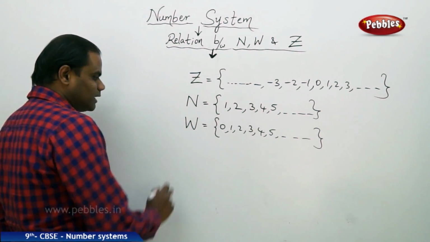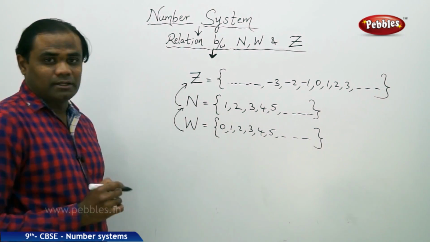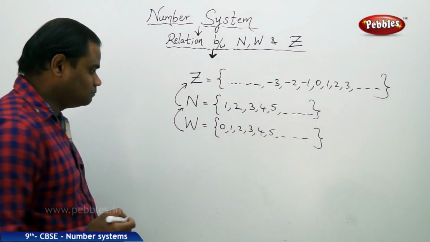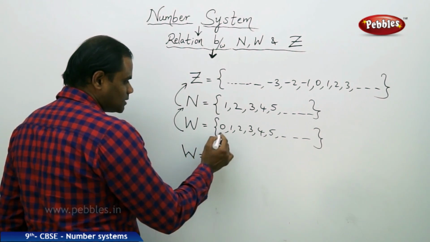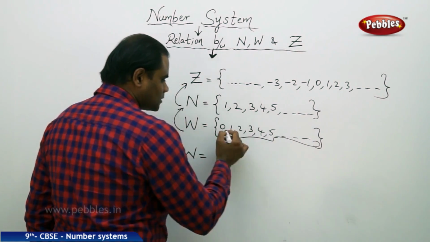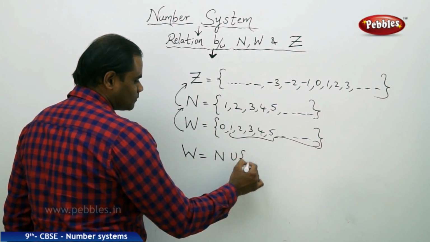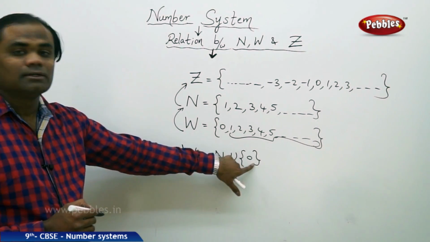Let's start from W and then with N and then with Z and make a relation between W, N and Z. I clearly see that W is all natural numbers including 0. So I can write this as N union the singleton 0.